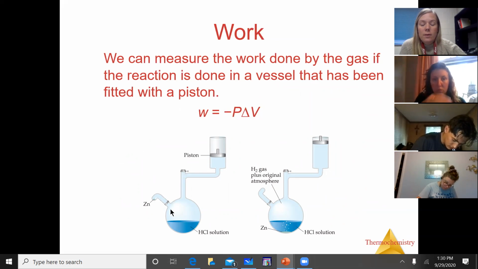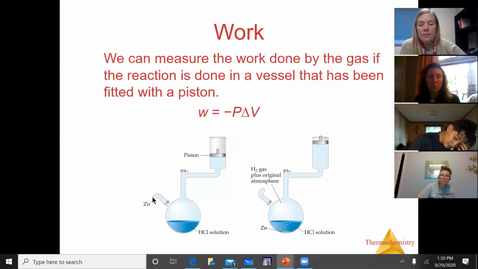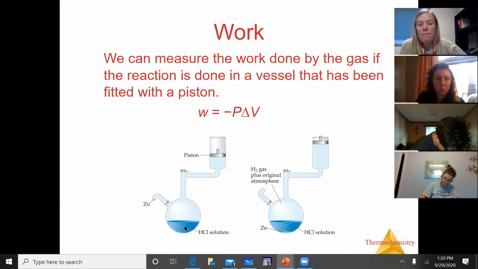So the larger the change in volume is, for instance, here we've got a situation where we take zinc and hydrochloric acid, and we pour the zinc into this system. It combines with the hydrochloric acid and starts to produce gas. The gas will then expand and produce work, meaning the gas is working on the surroundings because the piston is being pushed up and out.